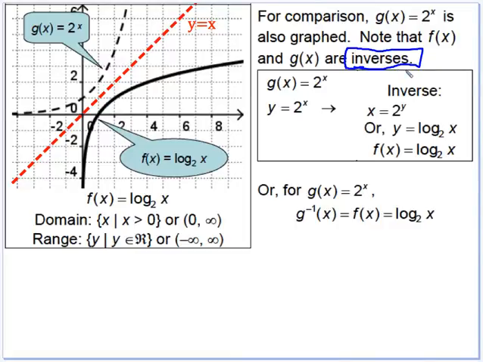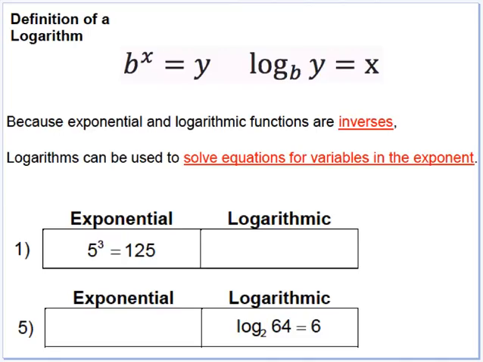We talked about inverses at the very beginning of the school year, way back in August. If you've forgotten what inverses are, basically they are reflections across the line y equals x. So logarithms and exponential functions are very similar to each other. They also have the same kind of properties. We'll get into that in a minute.